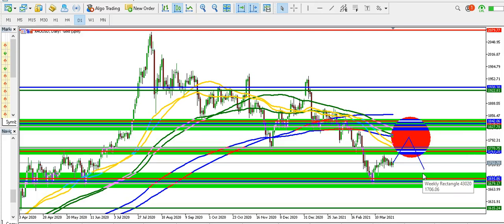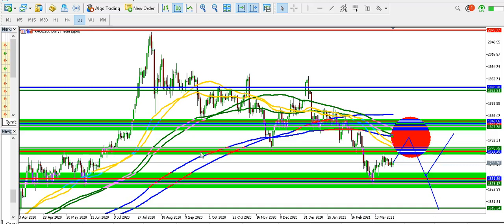Okay, then it may either form a W at this strong support and go up, or price can either go up or continue down to the next Fibonacci level.